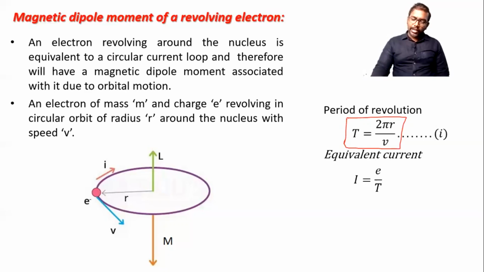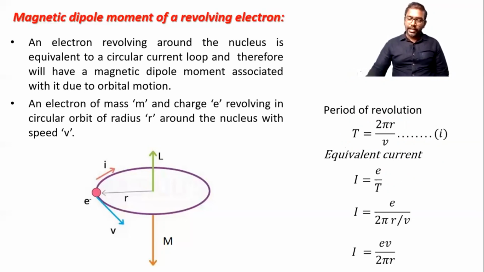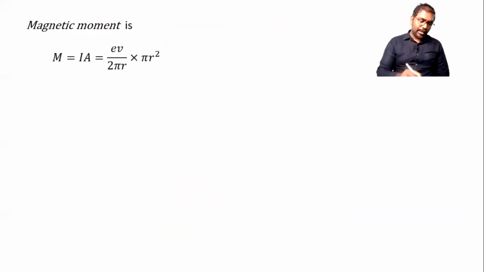The charge on the electron is e and the time is capital T. So we substitute this T here, and after substitution we get the current as ev divided by 2 pi r. Now we substitute this current in the formula of magnetic dipole moment. Hence, magnetic dipole moment is I into A, where I is ev divided by 2 pi r and the area A is pi r square.